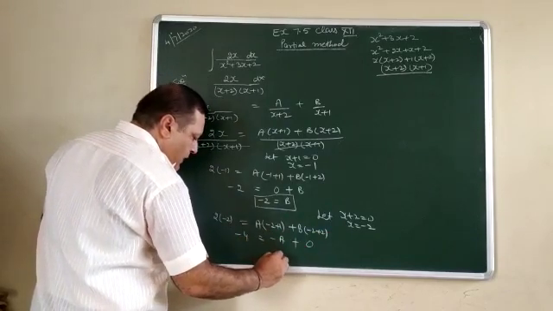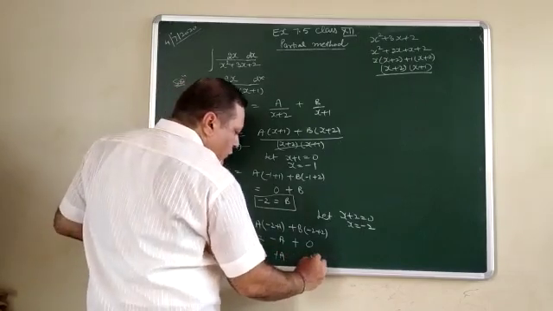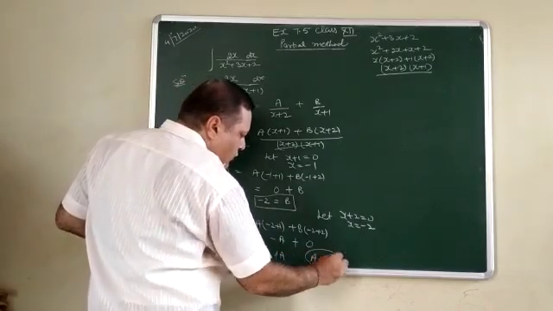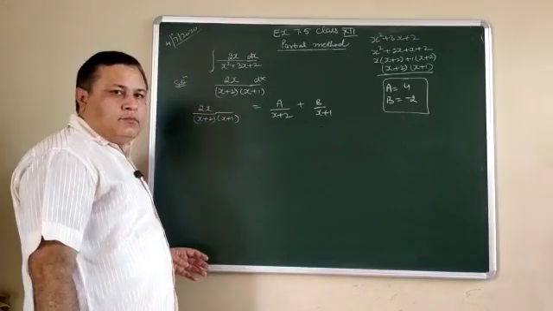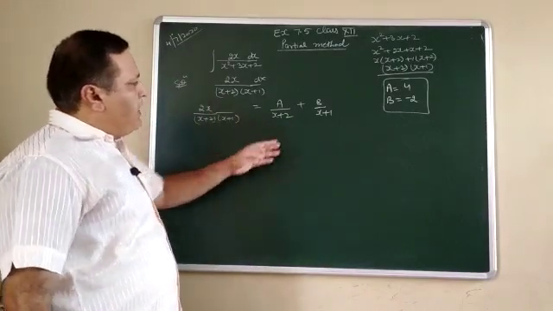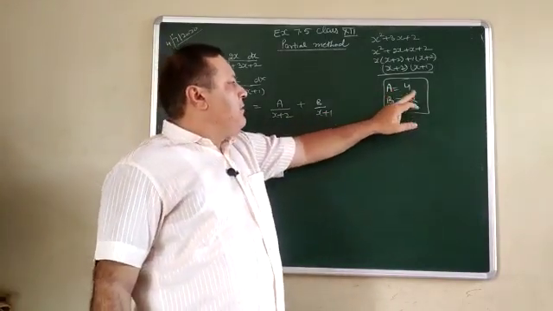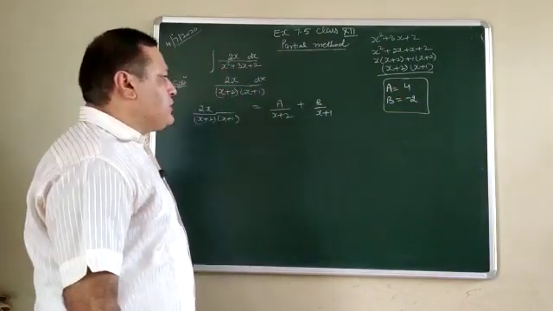Therefore minus a is equal to minus 4. The minus signs get cancelled. You will get a equal to 4 and b equal to minus 2. Now as we simplify and get the values, the value of a is 4 and the value of b is minus 2.